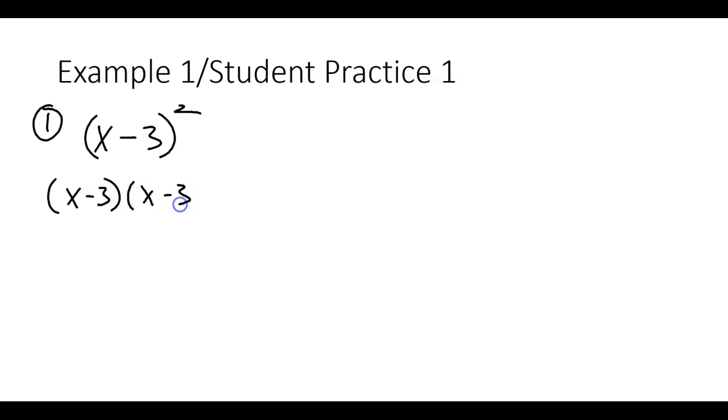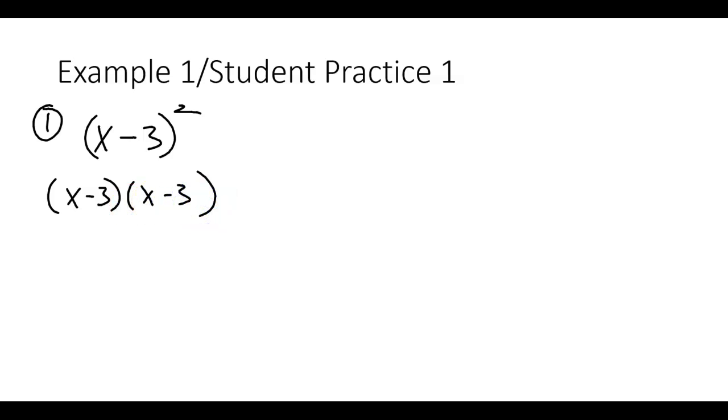All right, so example 1. Suppose I gave you guys x minus 3 squared. The first thing I'm going to do is rewrite this as x minus 3 times x minus 3.